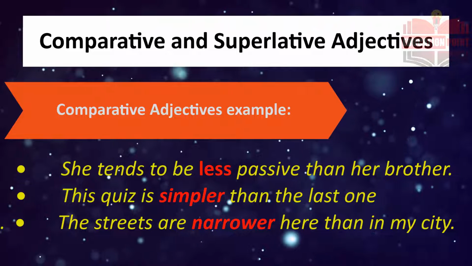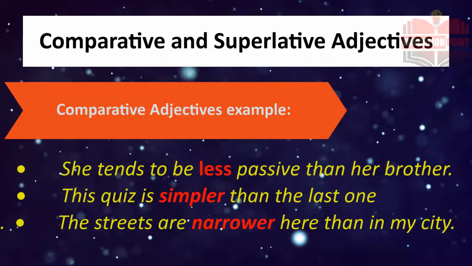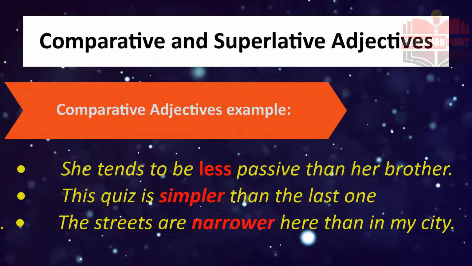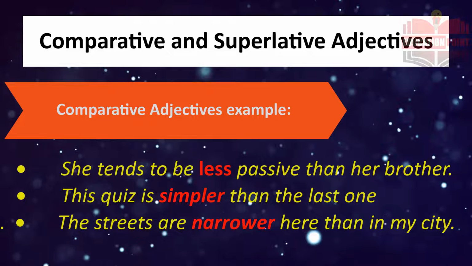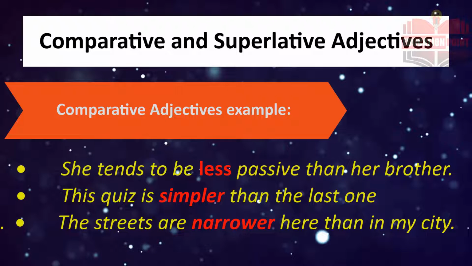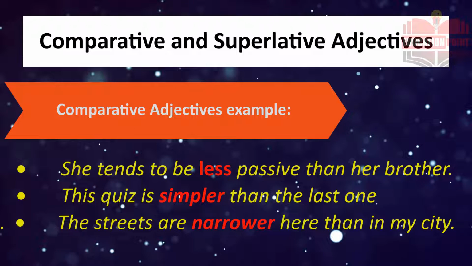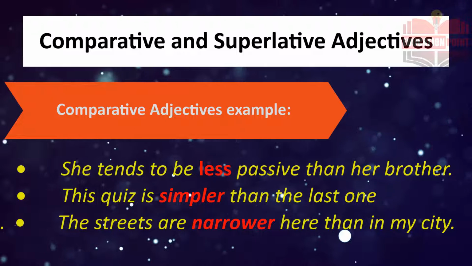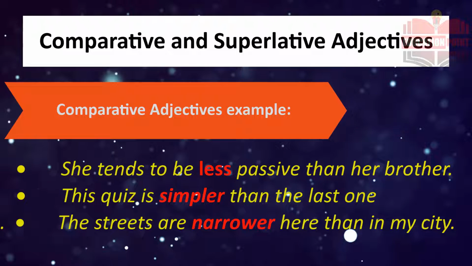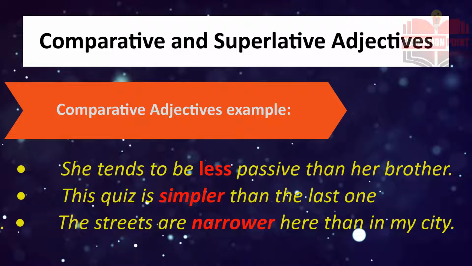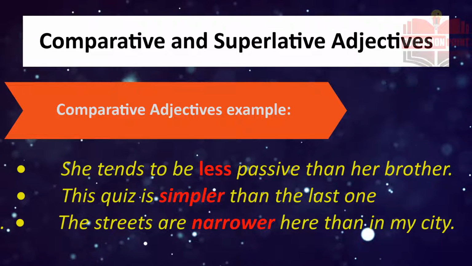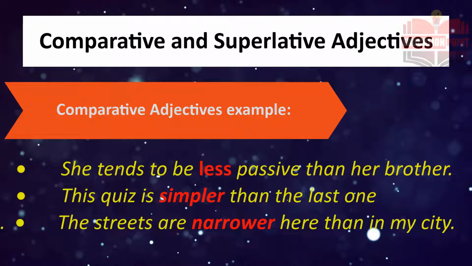For comparative adjectives, she tends to be less passive than her brother. Less passive than her brother. So you are adding the word less to compare the adjective between the two nouns. This quiz is simpler than the last one. The streets are narrower here than in my city.